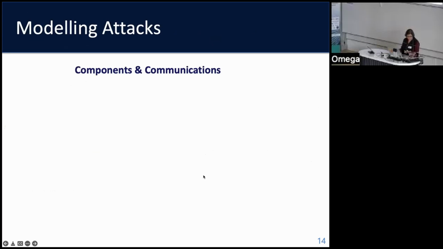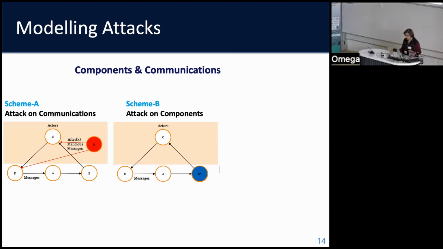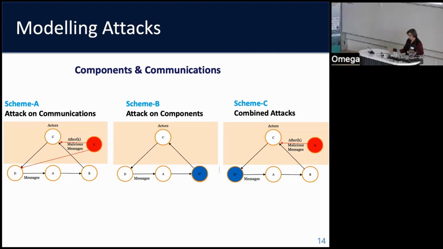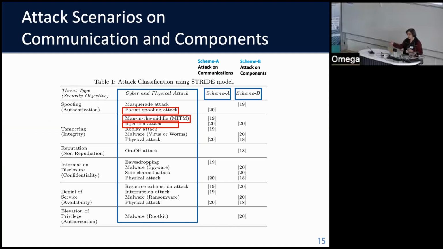So this is what we did at design time. And these are the three schemas that we have at design time: communication, component, and combined. And this is how we map that to the STRIDE model. This is more what Sarah is now doing, because we just see components and communication.